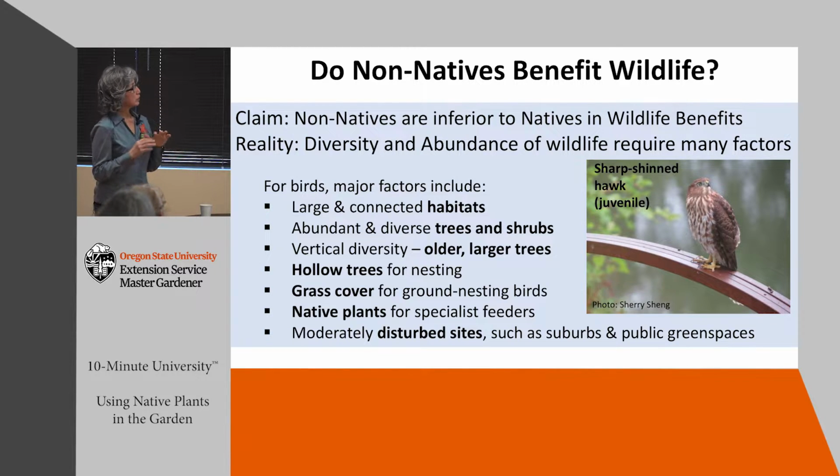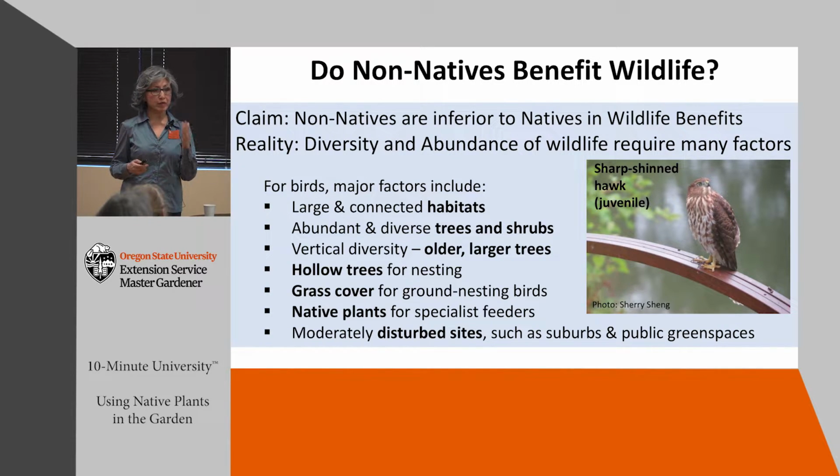It shows across the board, for different kinds of wildlife, that animals need a huge variety of factors in order to do well. I listed some examples for birds, and it's the same for amphibians, reptiles, insects, and pollinators. Native plants may be one of a long list of factors.